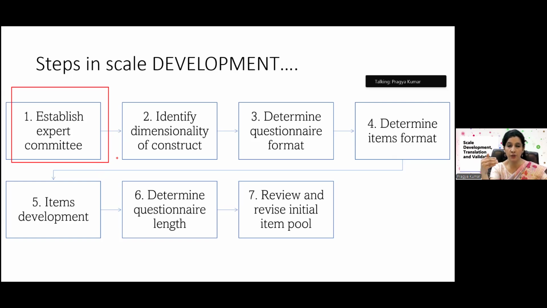The expert committee should have a behavioral science expert, a psychologist, a subject expert, and a language expert. So it is a team of 4-5 people. And you should have some representation from the patient side also, because patients are another stakeholder. They can also be consulted during the later part.